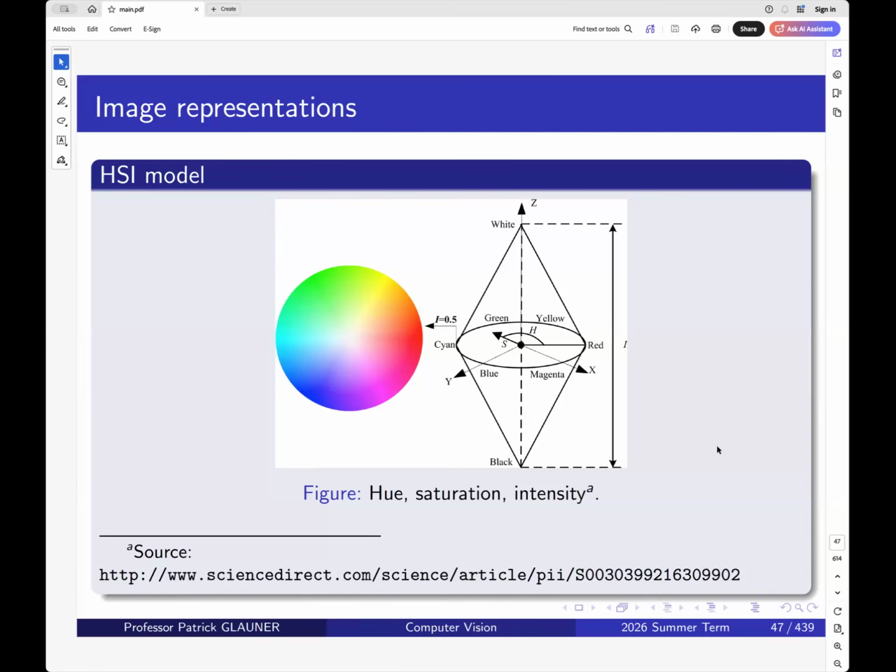It's just a conversion. In a lot of computer vision classes, for example, the ones that I've seen when I was a student, oftentimes this would be one of the first lab problems. You would have some formula and implement it, how to convert from RGB to HSI. But honestly, you can look up the formulas if you wish.